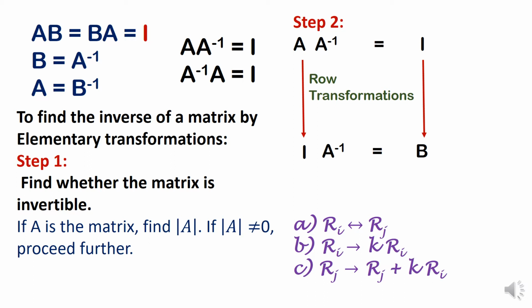During normal multiplication, 1 into any number gives us the same number. Same way, when we multiply a matrix with I, we get the same matrix again. Thus we have I into A inverse is actually A inverse. So we have A inverse is equal to B.